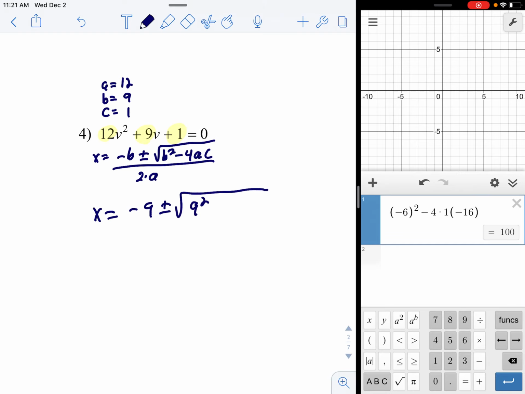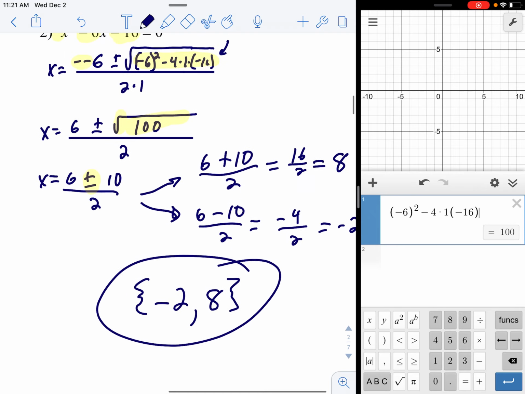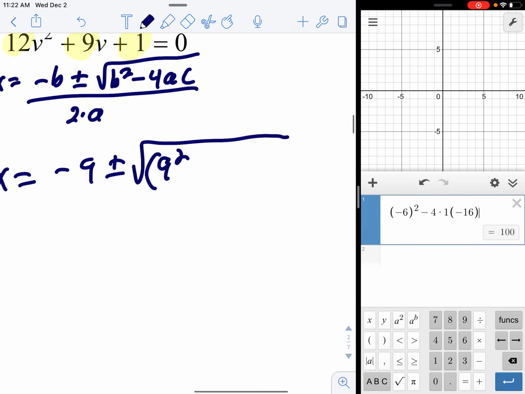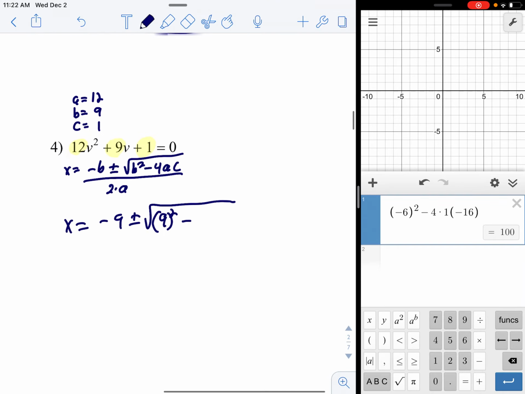I did not put this in parentheses like I did in the last problem because it's not a negative number, but I could still put it in parentheses and it'll work. Minus 4ac, so that's minus 4 times 12 times 1, all over 2 times a, that's 2 times 12.